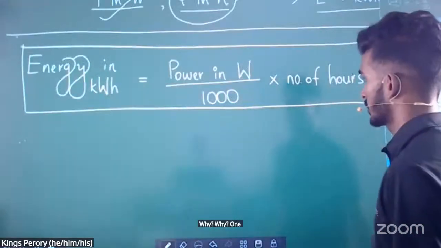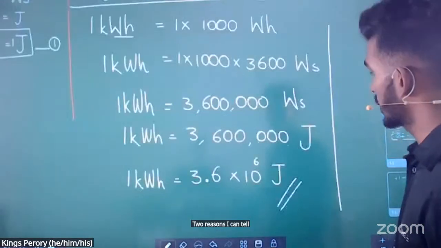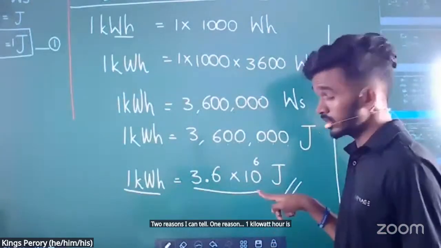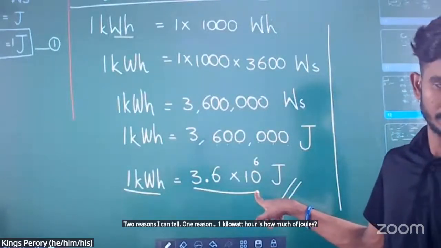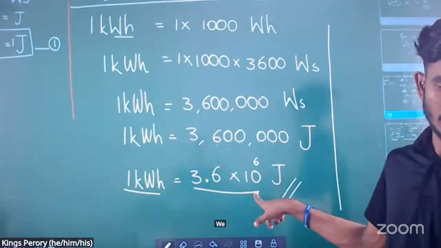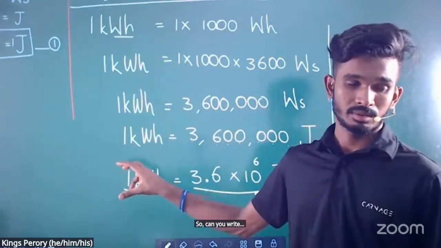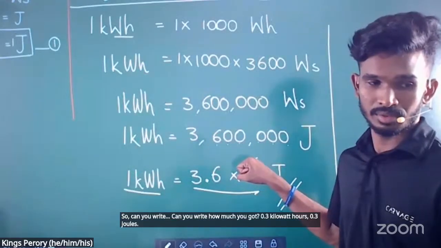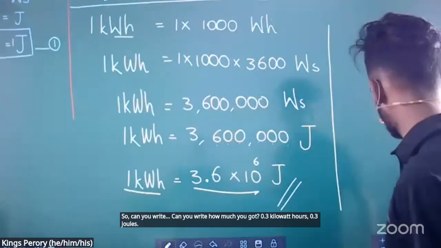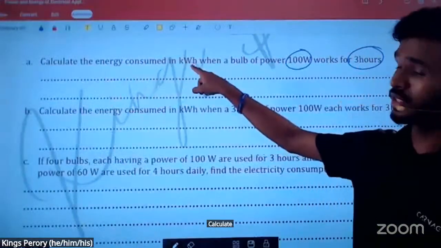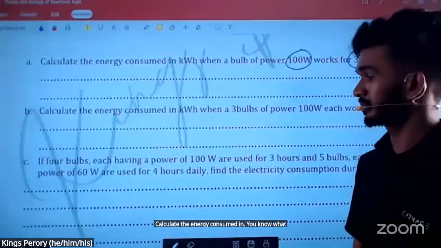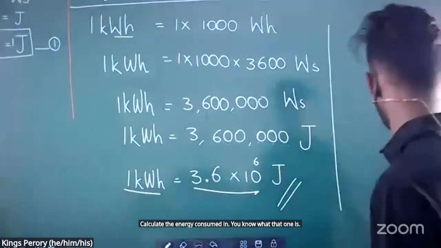One reason, two reasons I can tell. One, 1 kilowatt-hour is how many joules? 3.6 into 10 to the power 6. So can you write that 0.3 kilowatt-hour is 0.3 joules? Can't. Second reason, read the question. Calculate the energy consumed in kilowatt-hour. Kilowatt-hour is needed. Thank you. Okay, welcome.